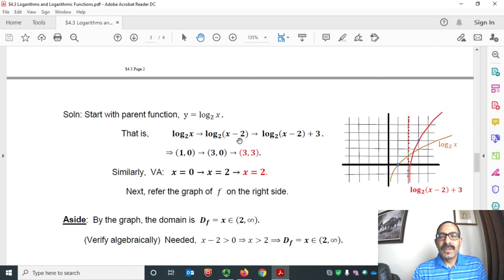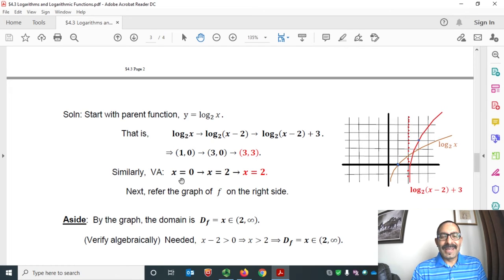Here we shifted 2 units to the right. That means we are moving 1 to 1 plus 2, which is 3, keeping y as it is. And in our final transformation we are shifting 3 units up. That means we are only adding 3 on the y coordinate, keeping the x coordinate as it is. 0 plus 3 turns out to be 3. So the new point is (3, 3).